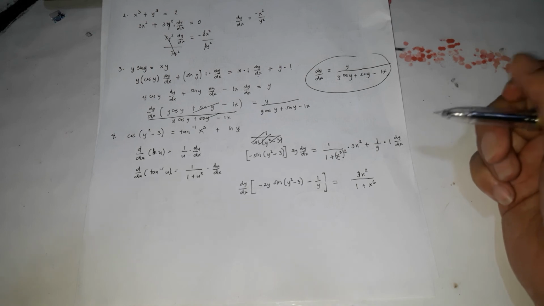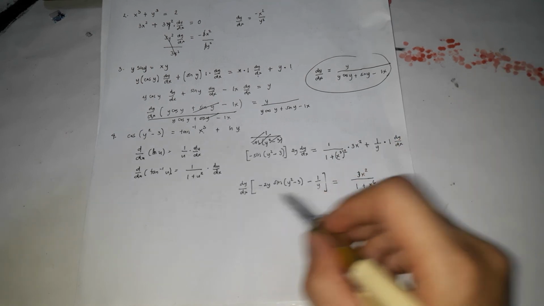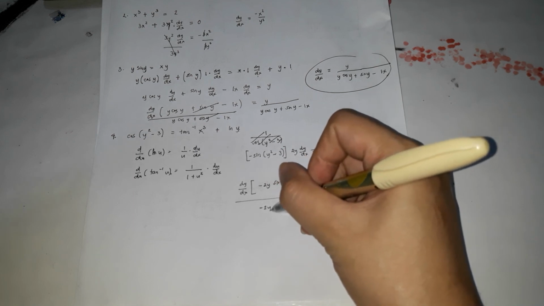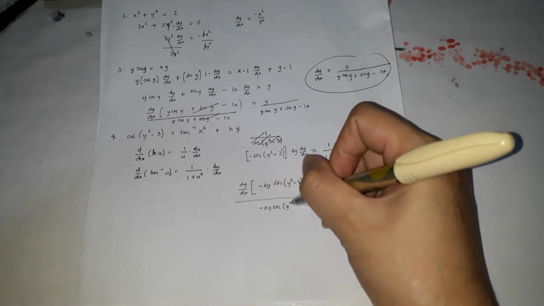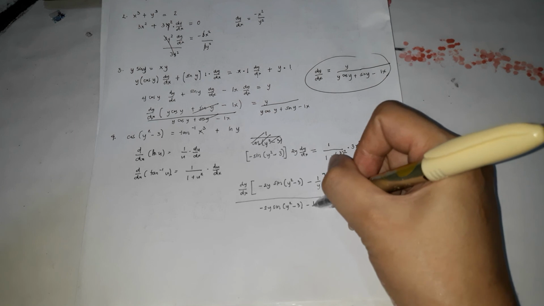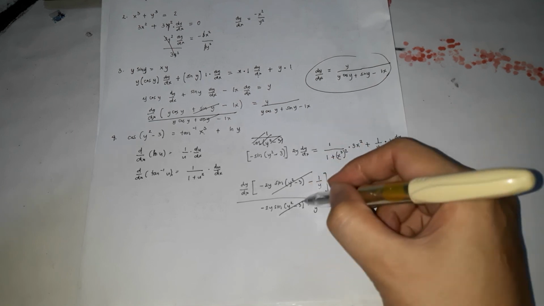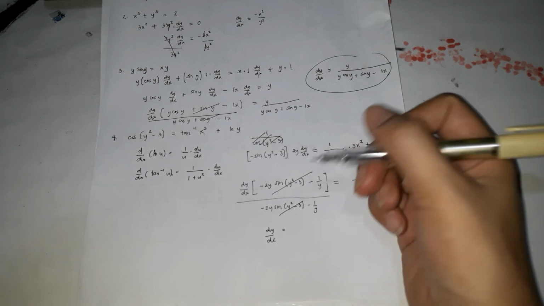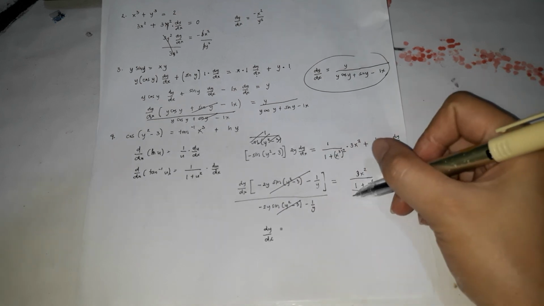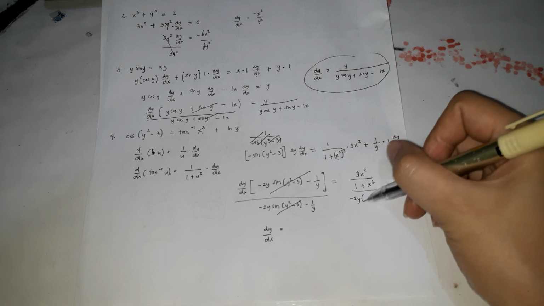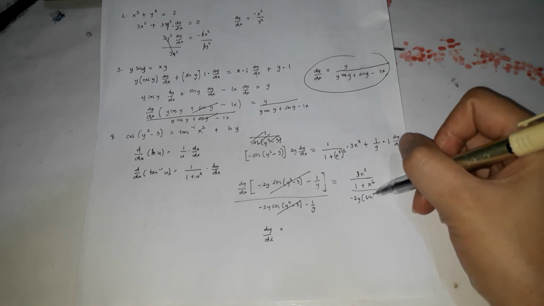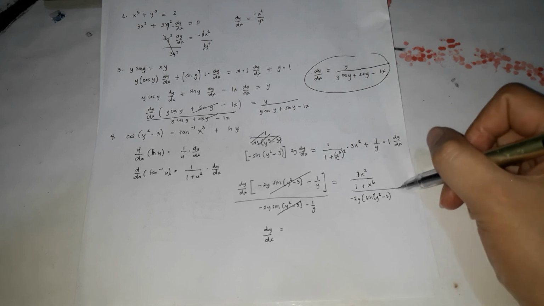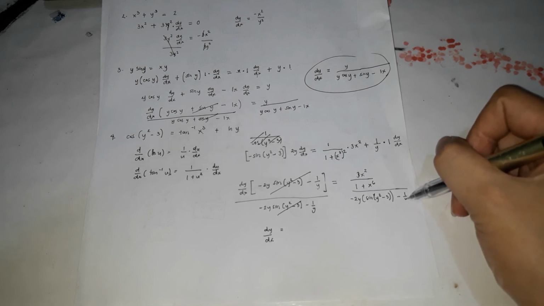Next natin gagawin, divide both sides by this one: negative 2y sine y squared minus 3 minus 1 over y, para dy over dx na lang matira. So dy over dx is equal to negative 2y sine y squared minus 3 minus 1 over y.